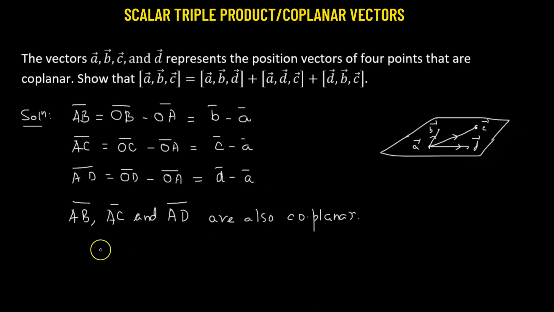If these are coplanar, then the scalar triple product, AB vector dotted with AC cross AD, equals 0. So we'll substitute the values of AB, AC, and AD and solve this equation to arrive at this particular conclusion.